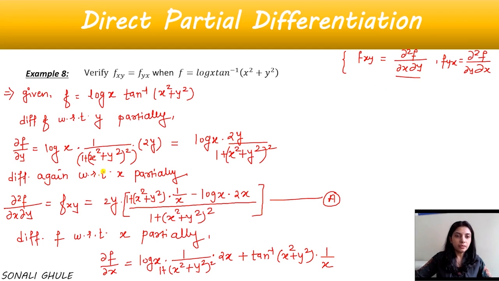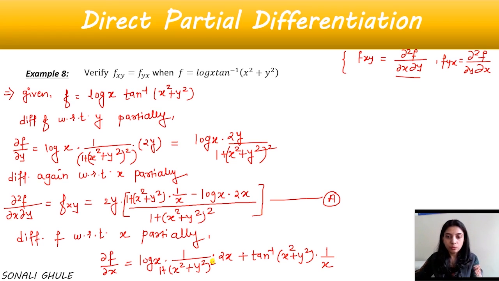A little change in this example is there. We are having a derivative of tan inverse, right? And it is what? 1 upon 1 plus x square. So our x is x square plus y square. So it should be 1 plus x square plus y square whole square. Okay, so I have made necessary changes here in the example. I just forgot to write there 1 plus.